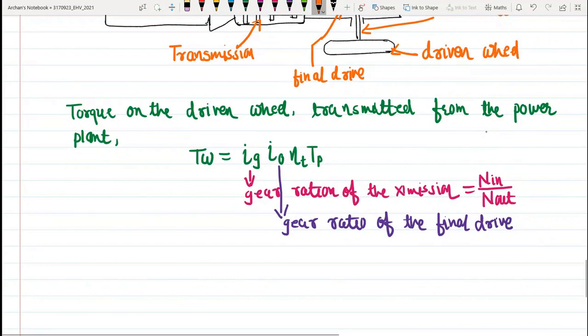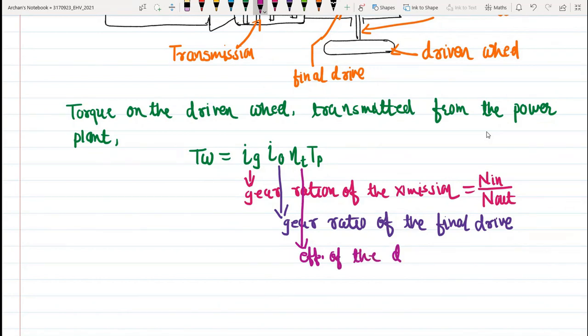Then eta T, if I talk about this, is the efficiency of the drive line from the power plant to the driven wheels.